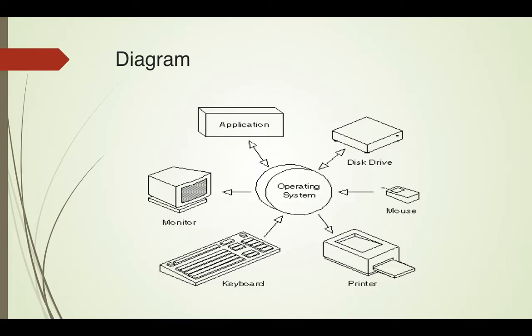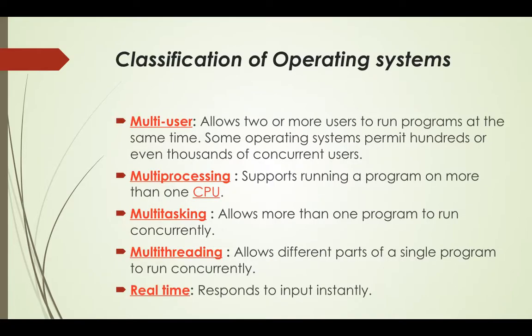The functionality is programmed and put together in a frame, and I call that frame an operating system. In general, operating systems are categorized into multi-user, multi-processing, multitasking, multi-threading and real-time. These are the basic ones. Multi-user allows two or more users to run programs at the same time.